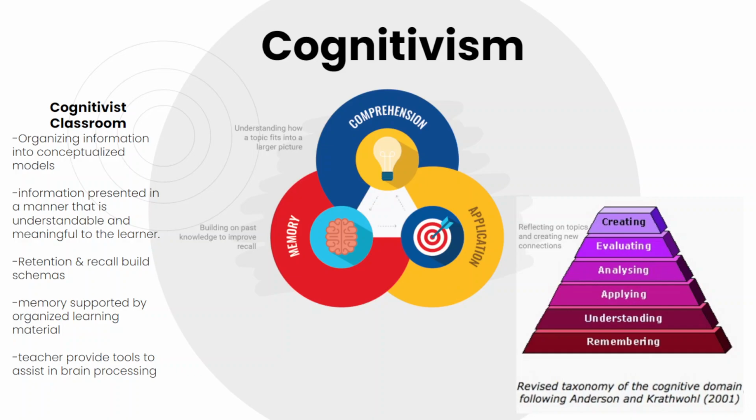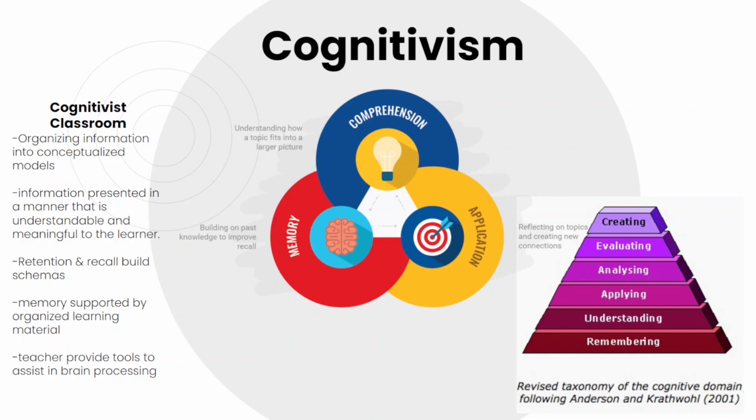We have to use that already learned knowledge, that past knowledge, to improve what we're currently understanding. And then we have the taxonomies, where it starts with just the lower level of remembering, and then we understand, and then we can take that information and apply and analyze and create new things. And it's really the depth of knowledge.